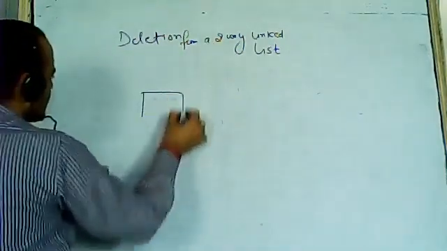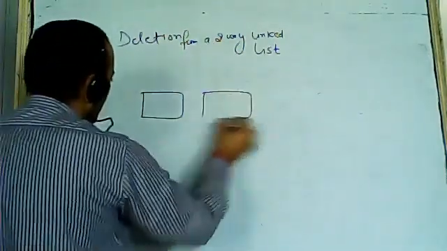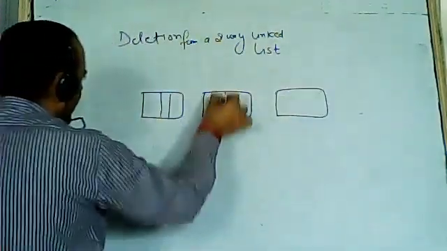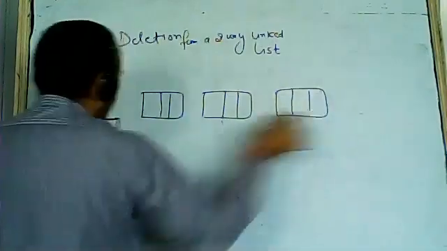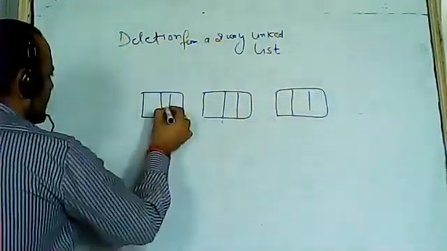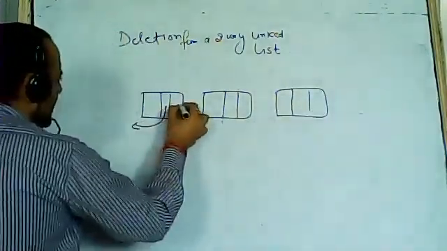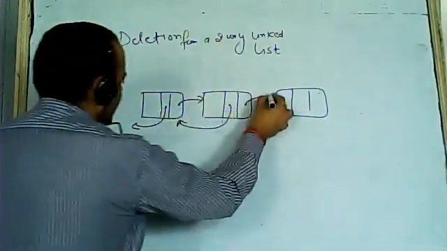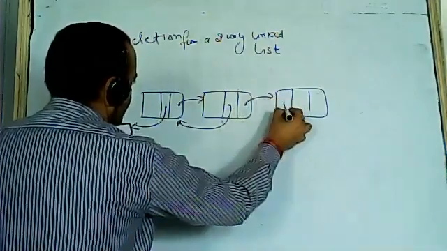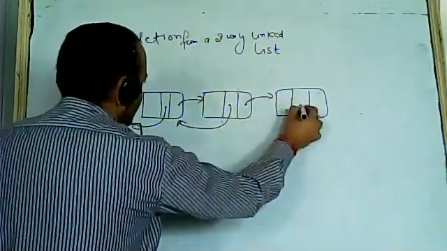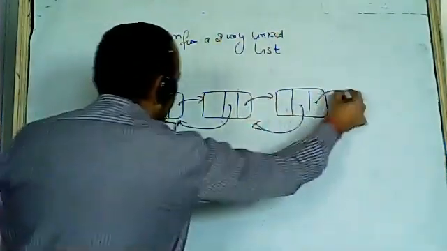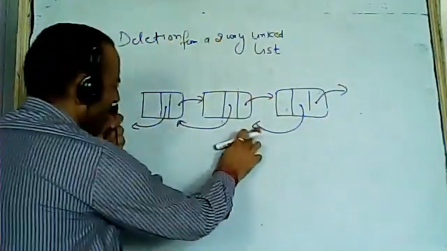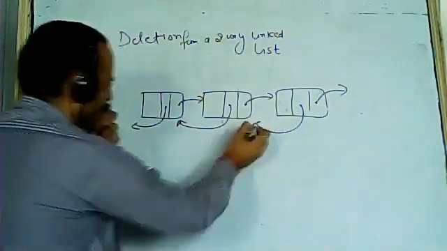Now I have these nodes 1, 2, 3. Each has data, the address of the previous node, and the address of the next node. This is how my two-way linked list looks. Yes or no? Yes, sir.